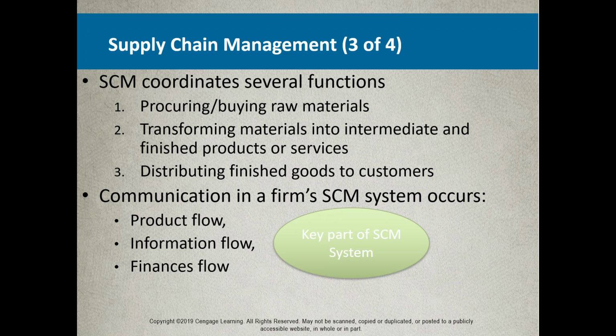At each stage within that supply chain, of course, there's usually value added, and the finance department has to keep track of that at each stage as it flows through the supply chain. So the communication in a firm to make sure that the products are flowing, the information is flowing, and the finance at each stage is a key component of a managing information system or an ERP system, these large ERP systems.